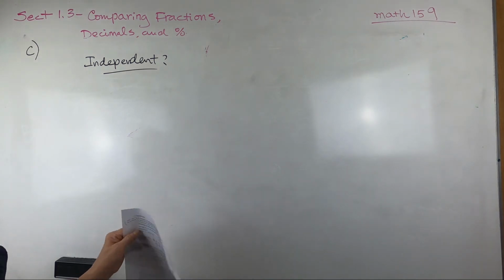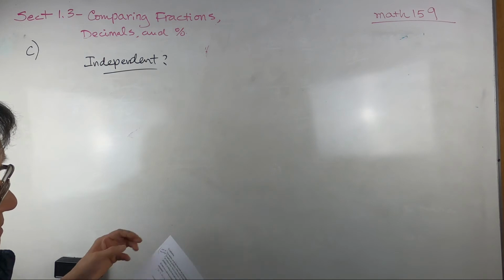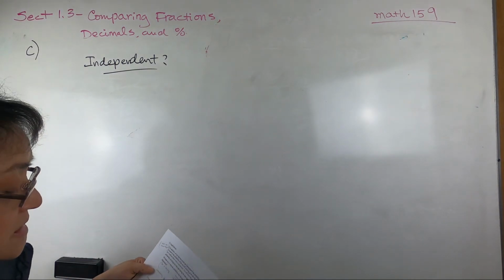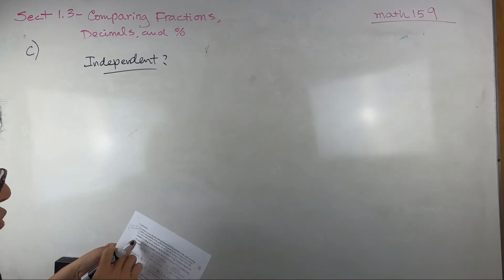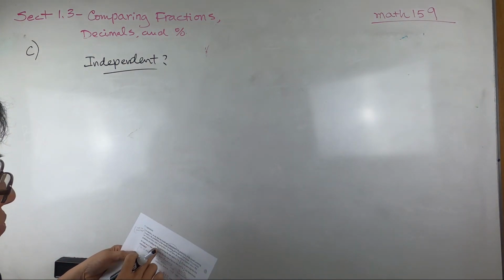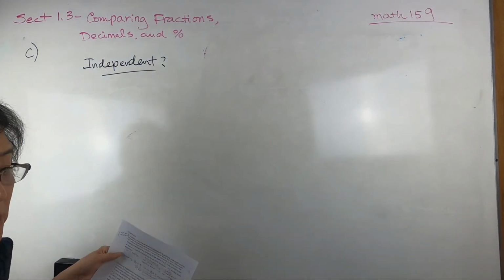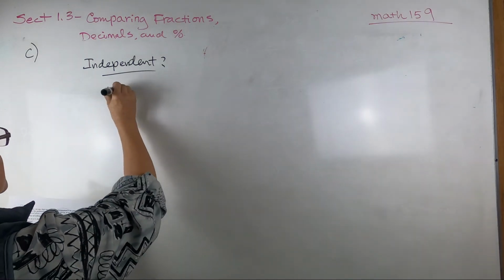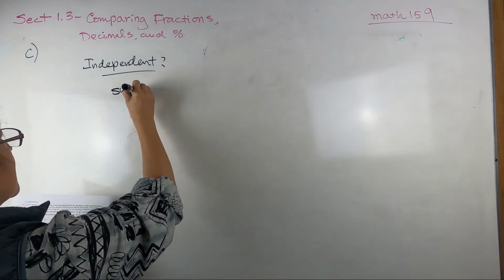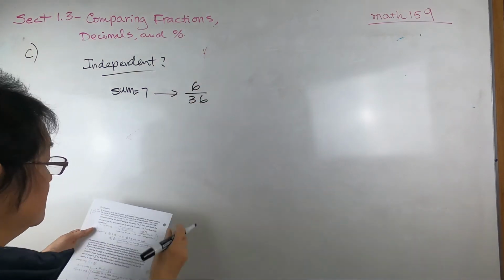Oh well, don't worry about it just for now. It's saying the probability of rolling 2 dice having the sum equal to 7. Remember we just said you roll the 2 dice, the event is the sum is 7, okay? The chance is 6 out of 36.